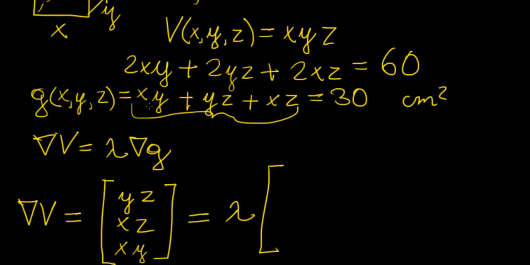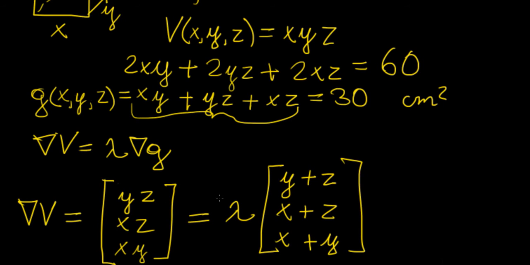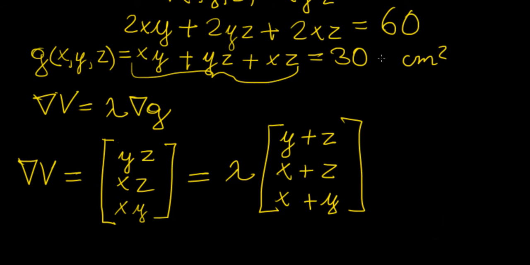With respect to x, that's going to be y plus z. Then partial derivative with respect to y, that's going to be x plus z. And then finally, partial derivative with respect to z, that's going to be x plus y. So now we have our 3 equations. And our 4th equation is just going to be the constraint equation itself.